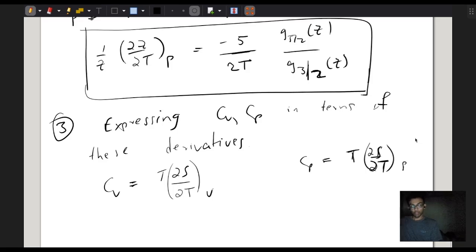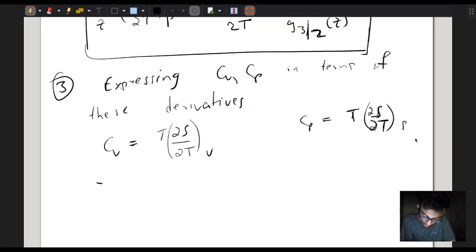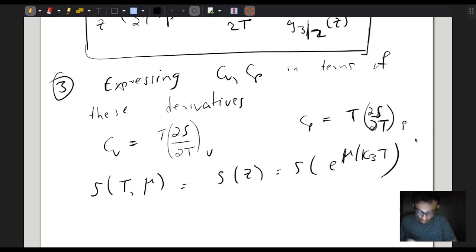And now let us use this fact that S is a function of only Z. Of course, S will also depend on one extensive quantity.